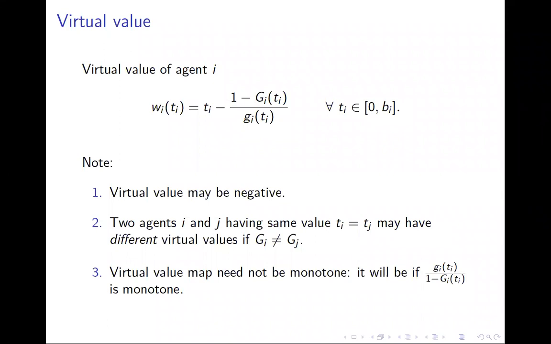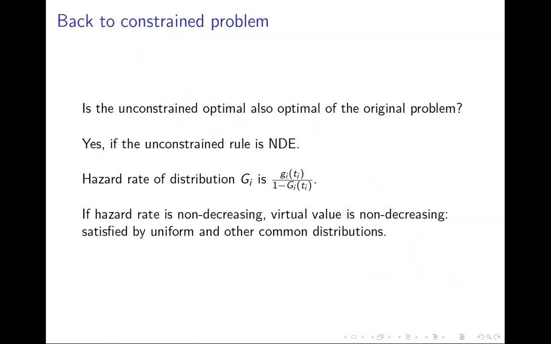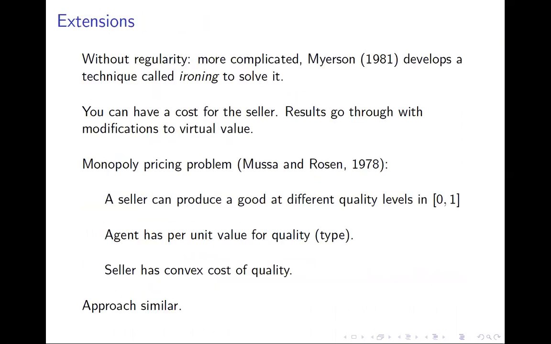He has to choose a mechanism based on what he expects will happen in the mechanism. If he doesn't have any priors, how does he compute an expectation? So Myerson's solution is only possible if as a seller you have some idea about the distribution of values.